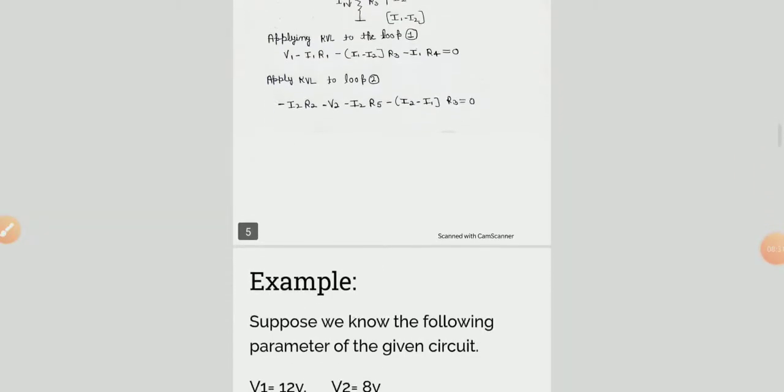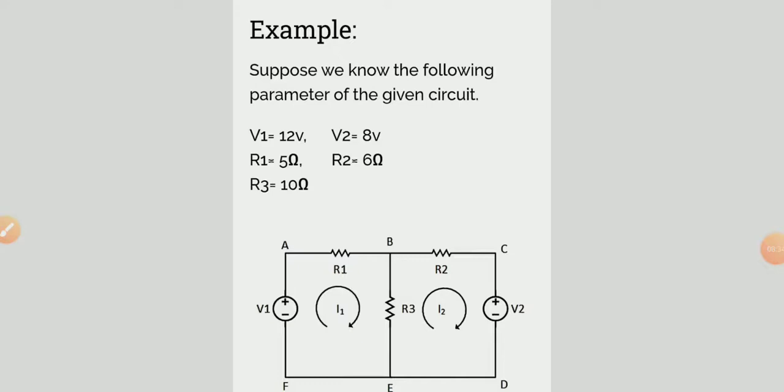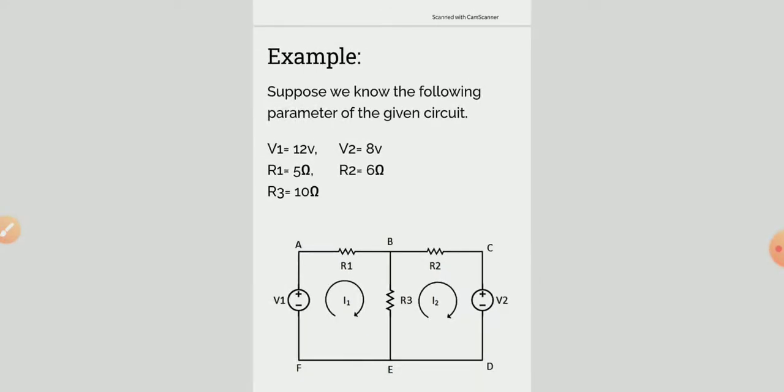Now we will discuss an example for mesh analysis. Suppose we have this circuit and here some parameters have defined values. V1 equal to 12 volt, V2 equal to 8 volt, R1 equal to 5 ohm, R2 equal to 6 ohm and R3 equal to 10 ohm.